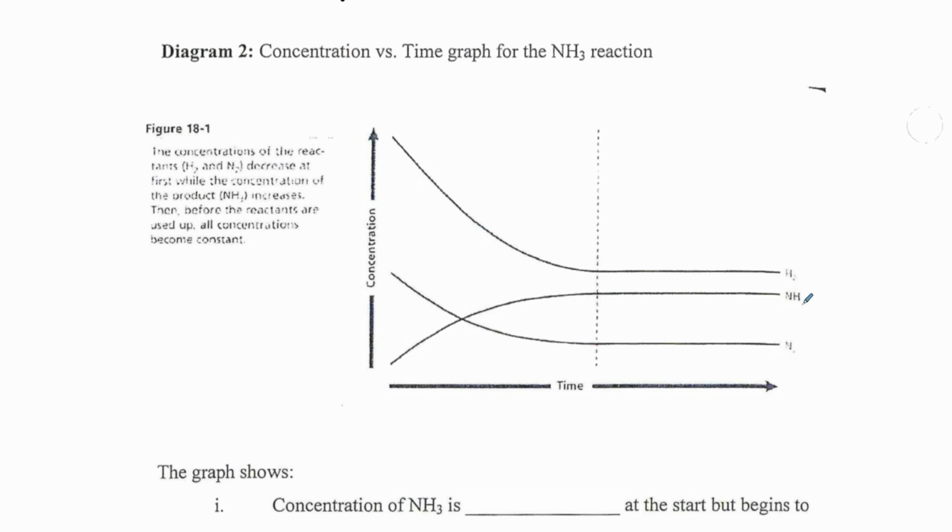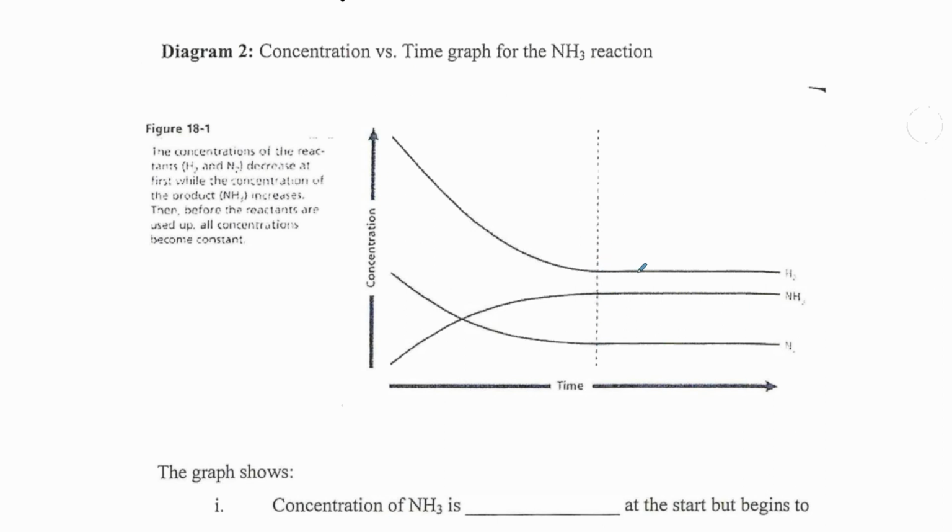The product, the ammonia, starts off basically non-existent before the reaction takes place, and then it gradually builds up to larger and larger concentrations. So this dotted line here is the point at which you've got enough of the product formed for that reaction to take place in both directions simultaneously, and that is the point of equilibrium.